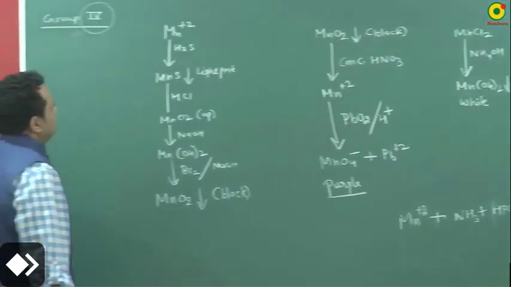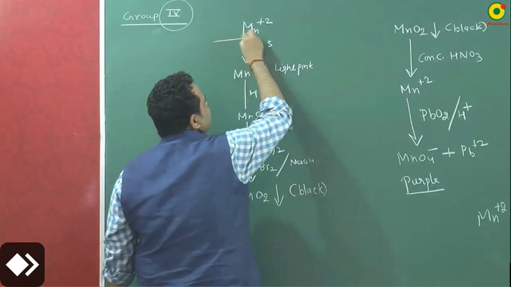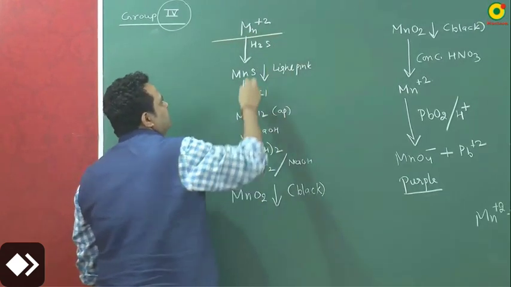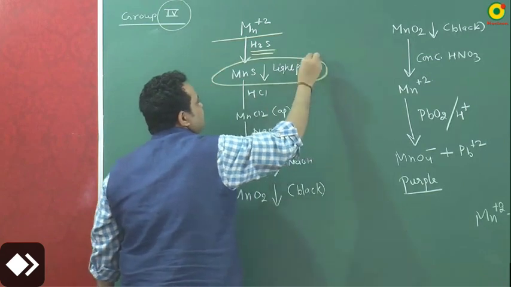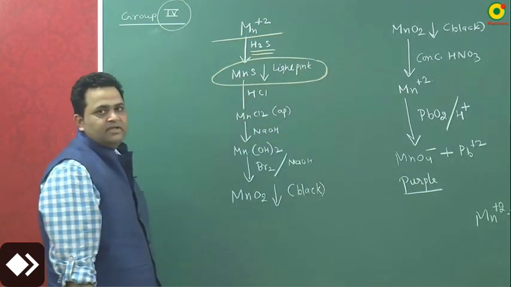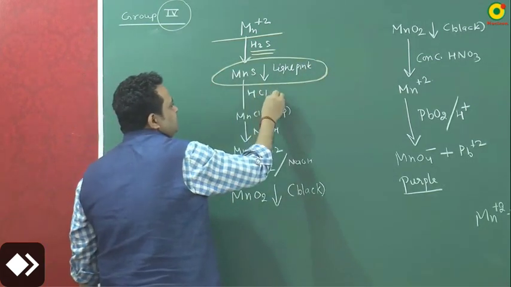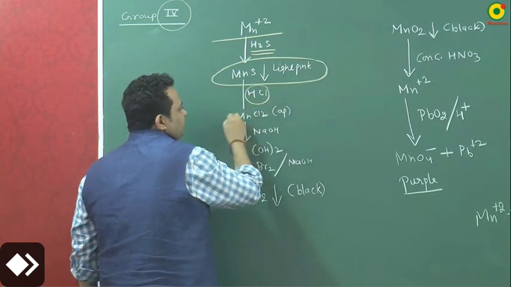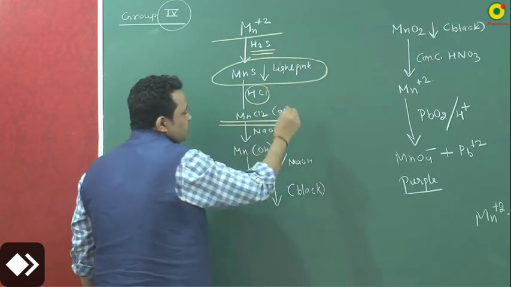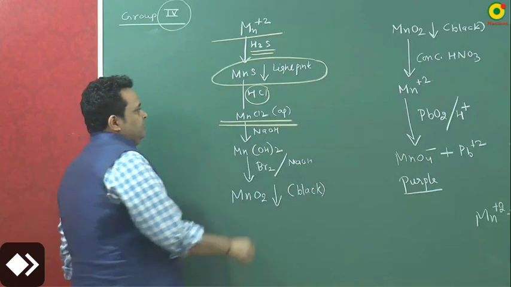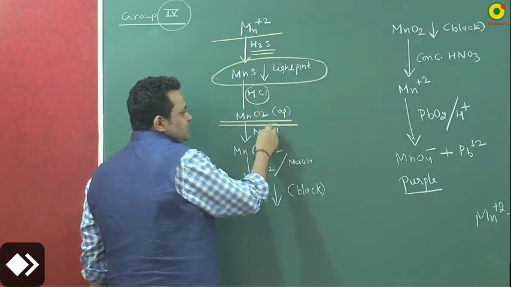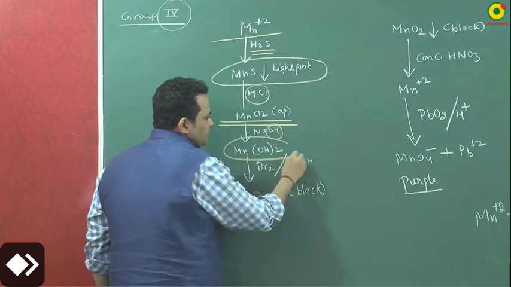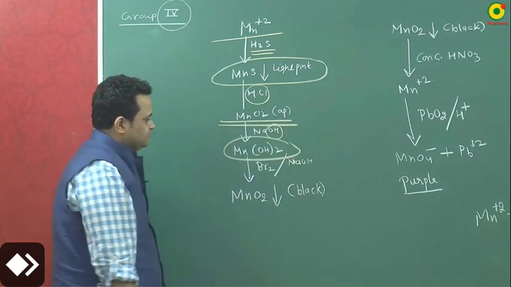In group 4 radicals, we are individually testing Mn+2. So in Mn+2, we pass H2S gas and a light pink precipitate of MnS is formed. This light pink precipitate is dissolved in HCl to form aqueous MnCl2 solution. We add NaOH in this solution, so Cl- will be replaced by OH- ions and Mn(OH)2 is formed.